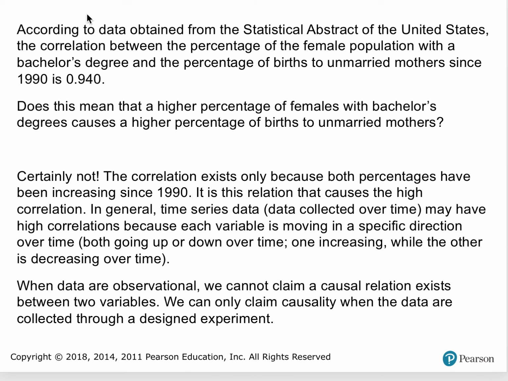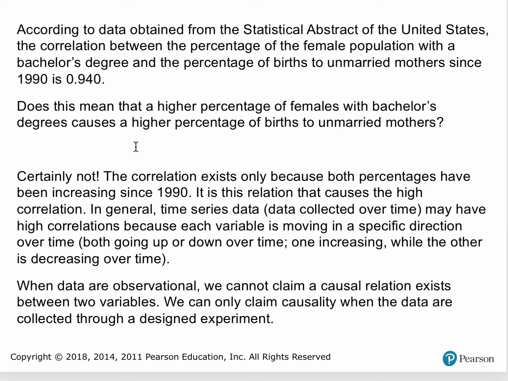But if the data in a study are observational, we cannot conclude the two correlated variables have a causal relationship. For example, look at this. According to data obtained from the Statistical Abstract of the United States, the correlation between the percentage of the female population with a bachelor's degree and the percentage of births to unmarried mothers since 1990 is 0.94. Look how strong that looks.